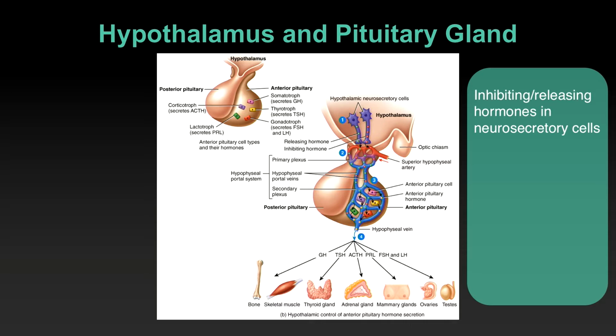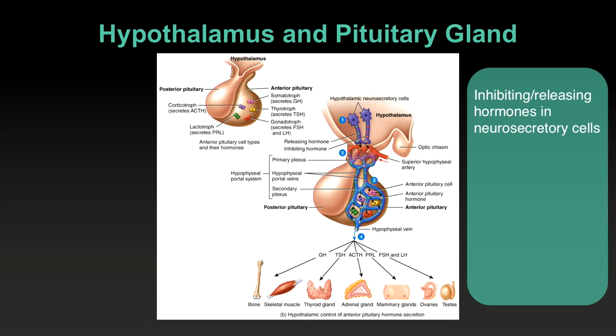The thing that they secrete normally is acetylcholine. And you know that from your study of the neuromuscular junction and synapses. They secrete acetylcholine. Well, these are different. They secrete other things. Not acetylcholine, but inhibiting and releasing hormones.